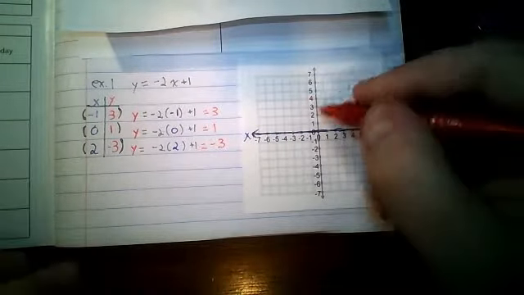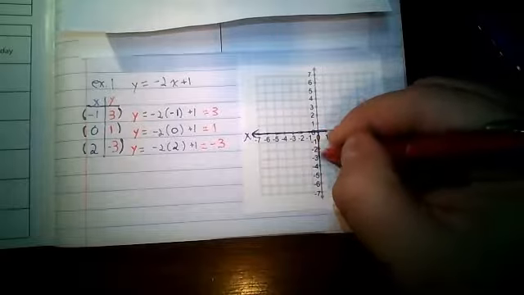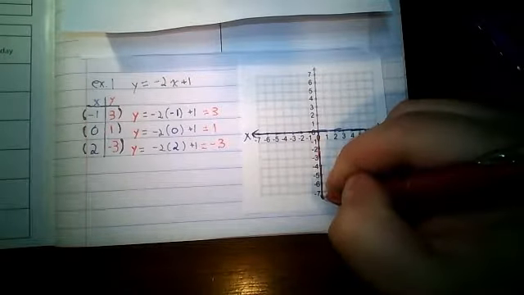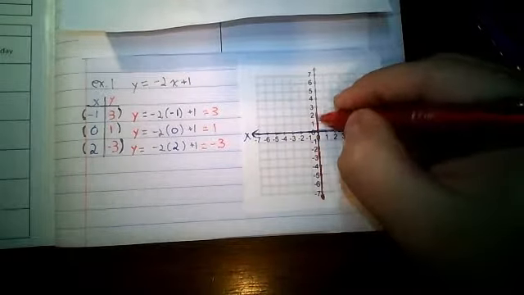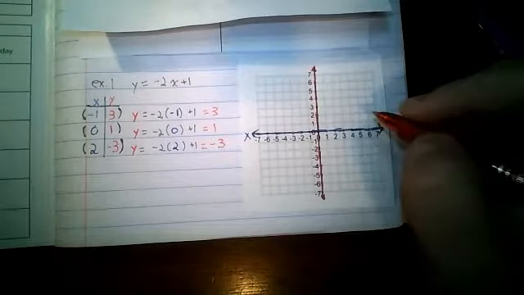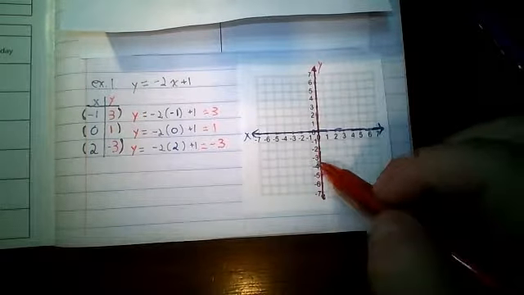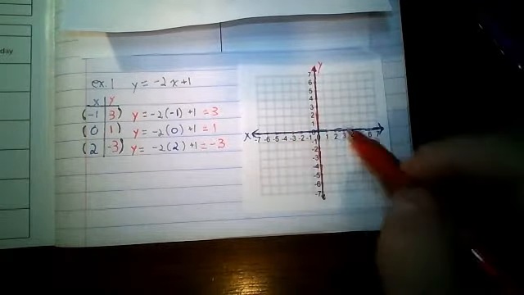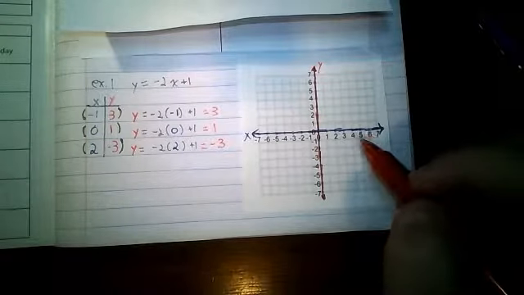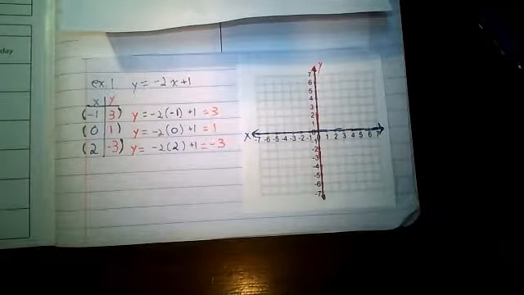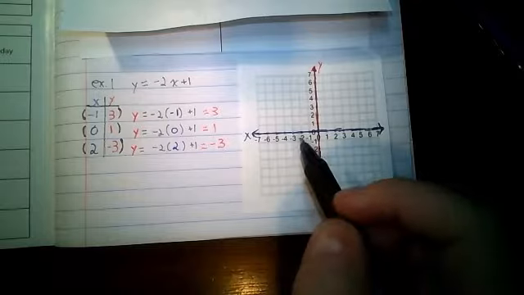The vertical, those are the y values. And these are positive y's, negative x, positive x. Okay. And now we're going to plot these points on this coordinate plane.